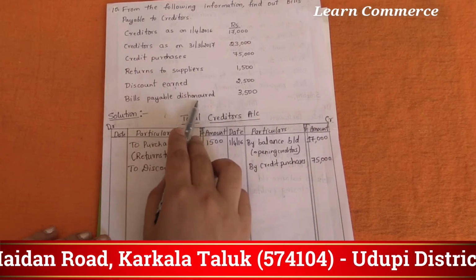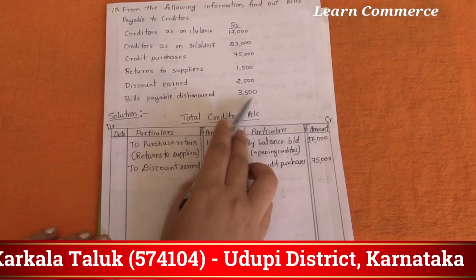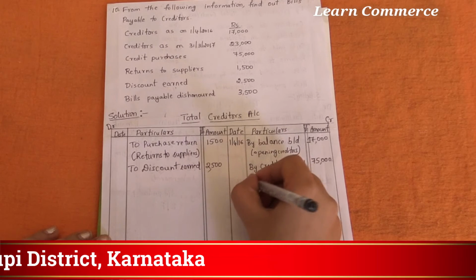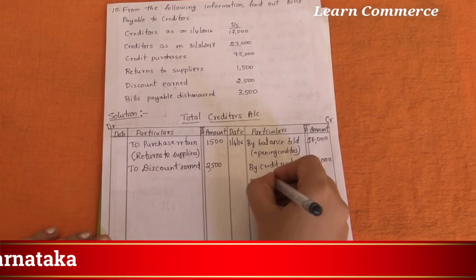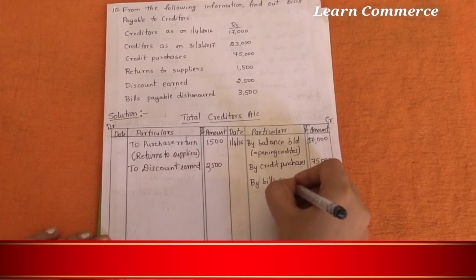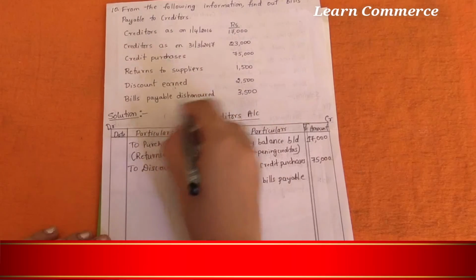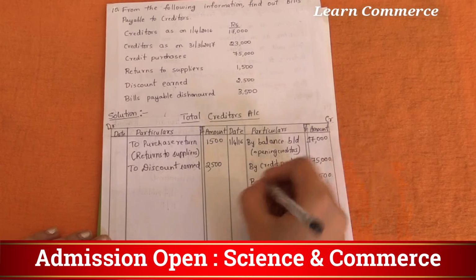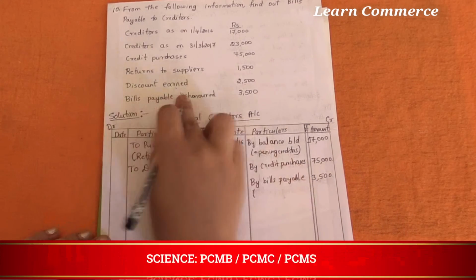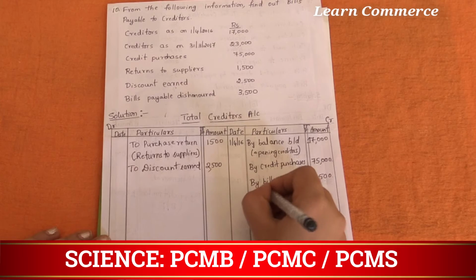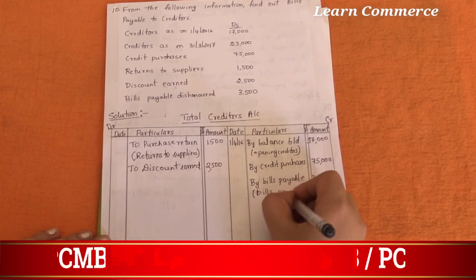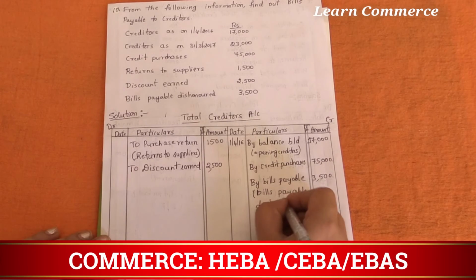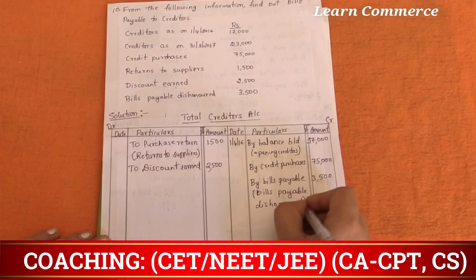bills payable dishonored 3,500. This one we should record in the credit side, that is by bills payable. Amount is given 3,500. In bracket you have to write bills payable dishonored. Okay.